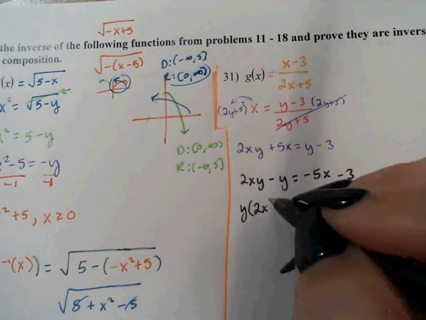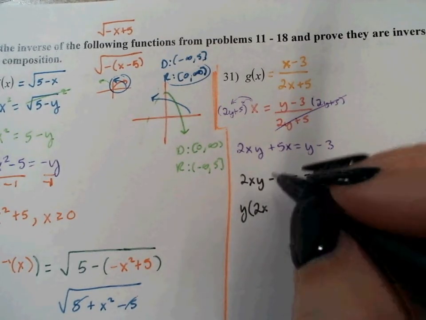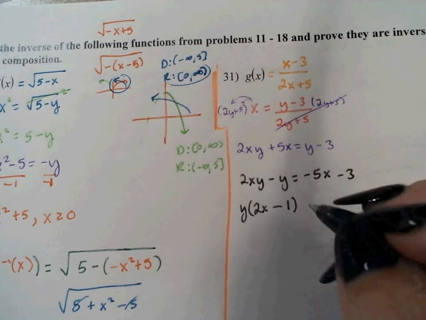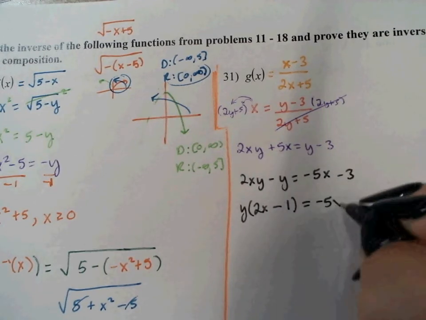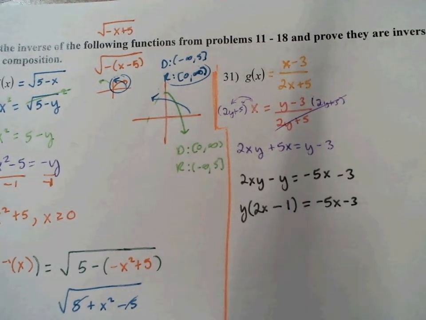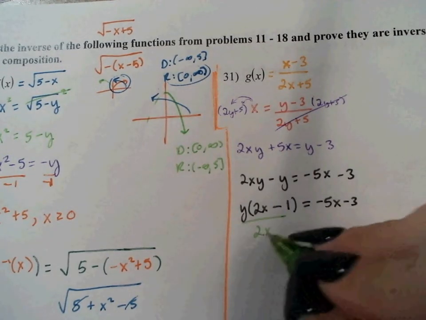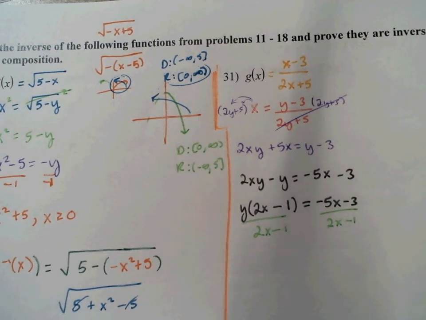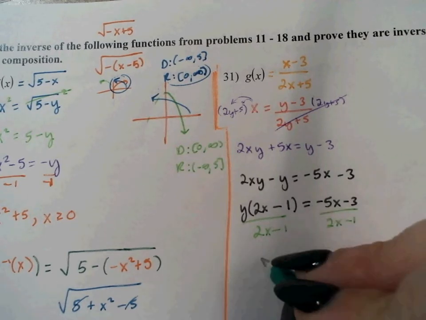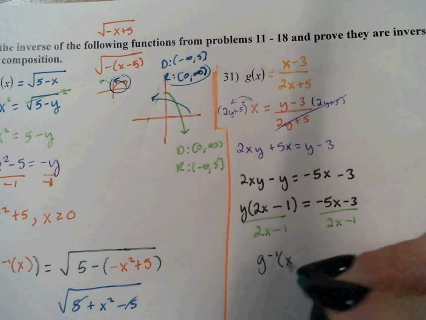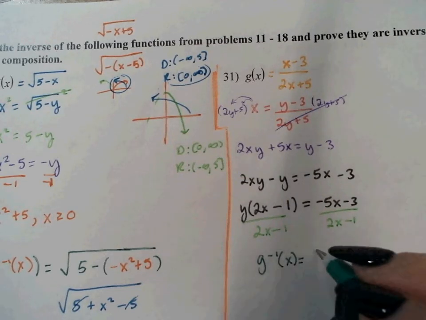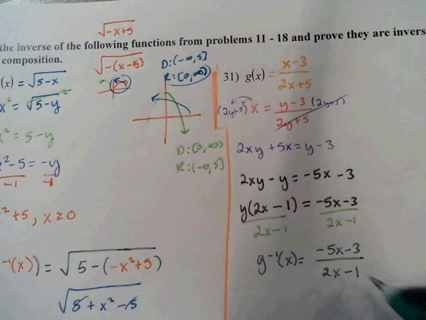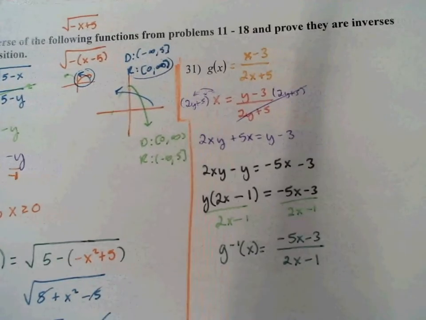So 2xy divided by y is 2x, minus y divided by y is 1. Don't forget that there's a 1 there. And then final answer, we're going to divide by 2x minus 1, and you get that the inverse of g is negative 5x minus 3 over 2x minus 1.